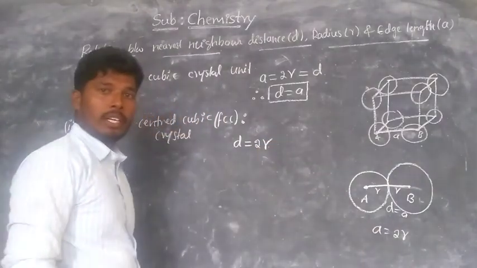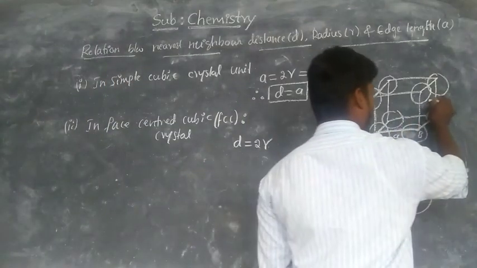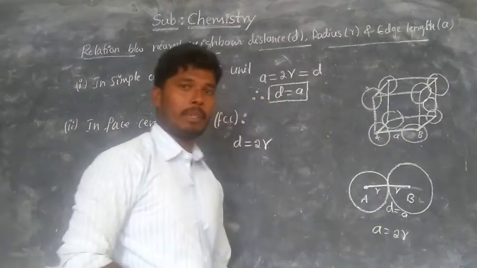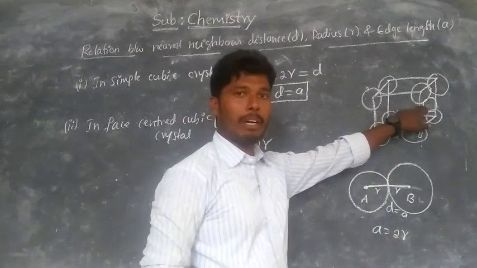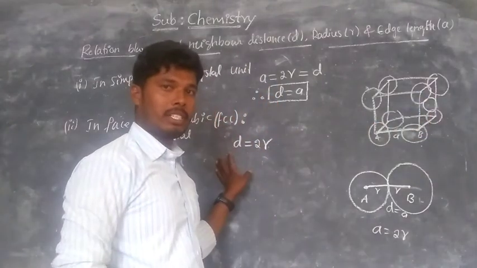But observe, in a face centered cubic crystal, at each face there is one more particle or atom. So each face has one more particle.